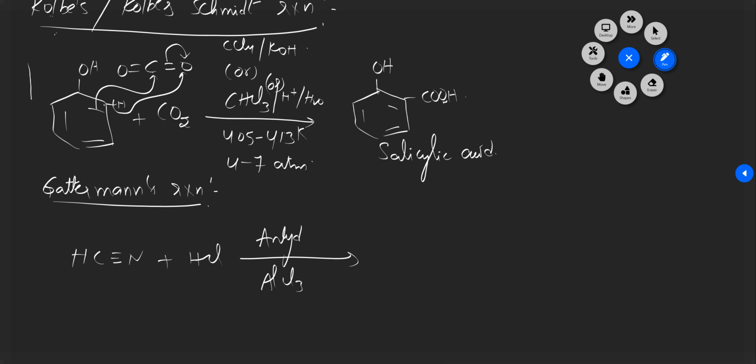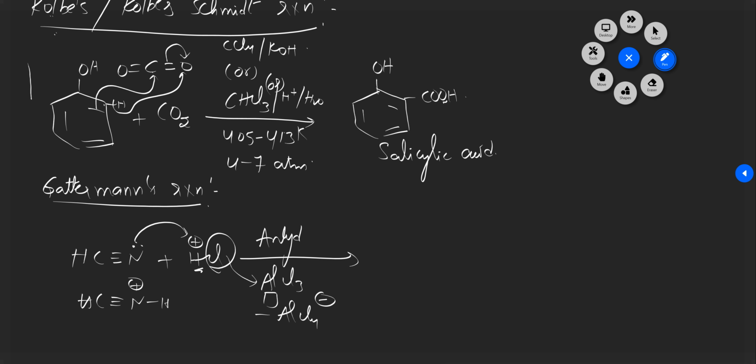So what will happen here? This AlCl3 has a vacant orbital, and Cl minus will attack the AlCl3. It forms AlCl4 minus. What remains here? H plus, which is attacked by the lone pair of nitrogen. What will form here? H, C, triple bond, N, H. This one has the positive charge. A positive charge on an electronegative atom means unstable, so this bond shifts to that side.